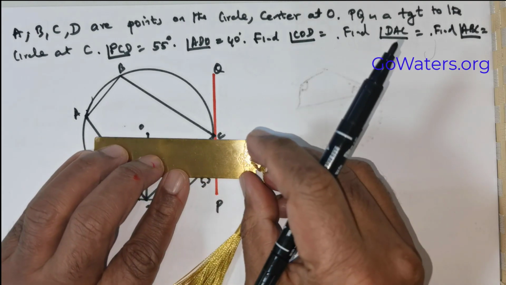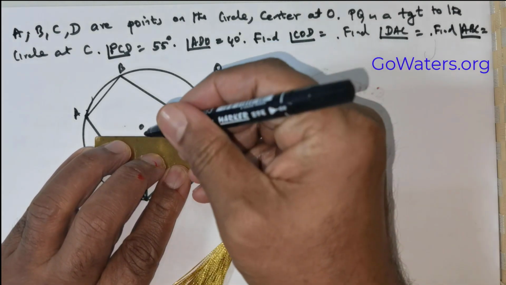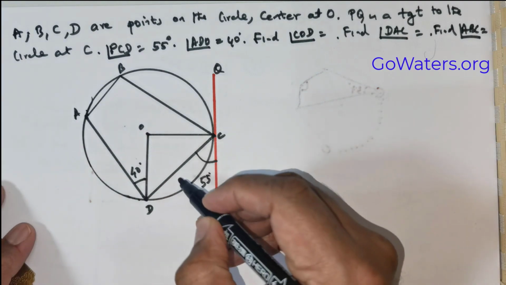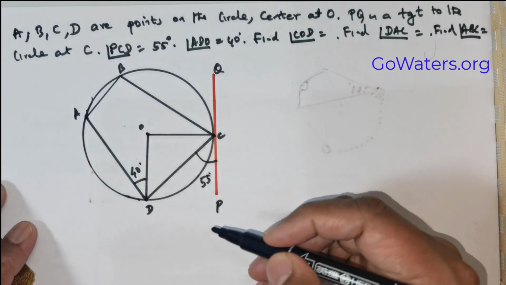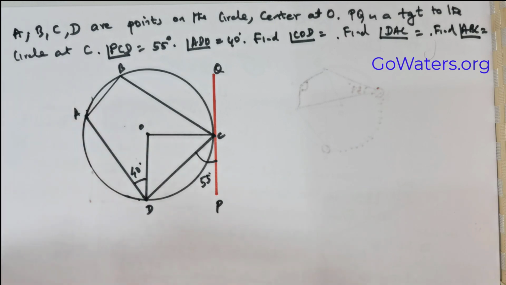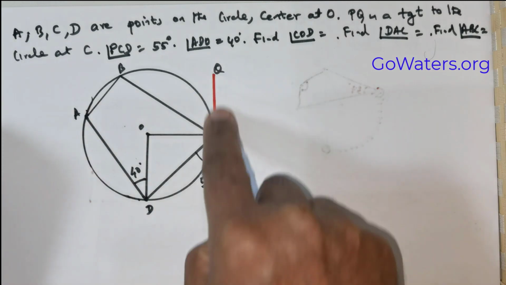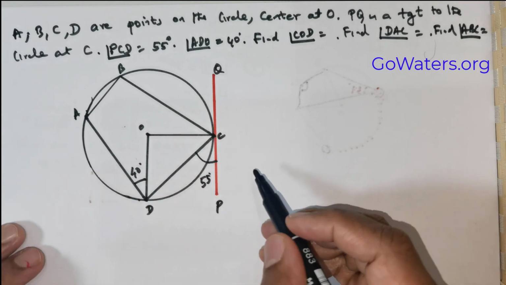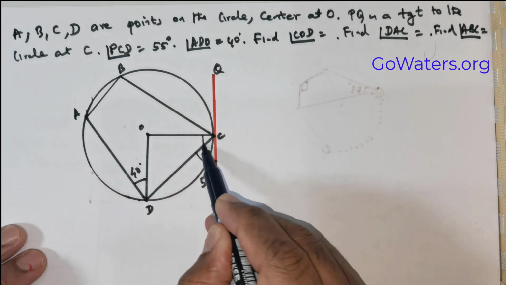Next, we are expected to find COD. So that means there is a connection there. So naturally you can see that this is what is required. This is a central angle. Now, as always I mentioned, whenever there is a tangent and radius meeting, that angle is going to be 90 degrees.